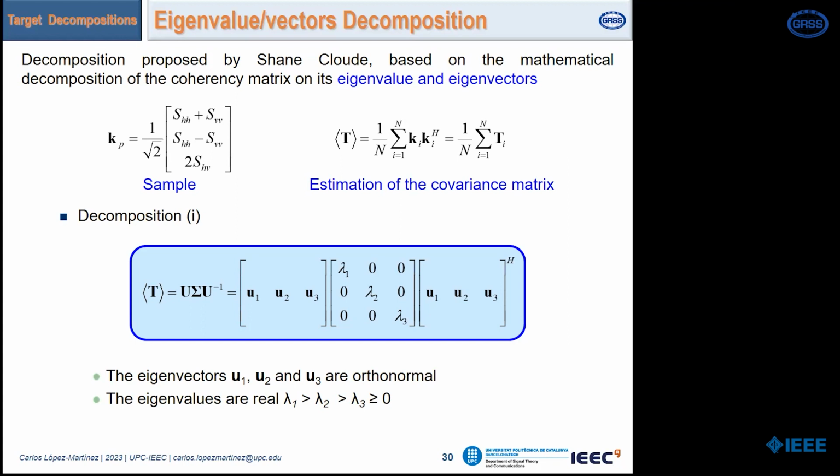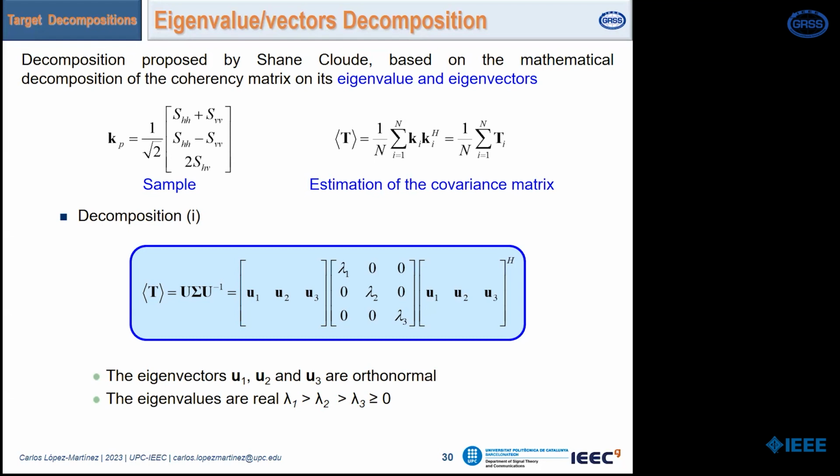For that point target, can we still apply Freeman and Yamaguchi? No, because Freeman assumes that what you have are distributed targets, because you are working on second order statistics. Yeah, exactly.